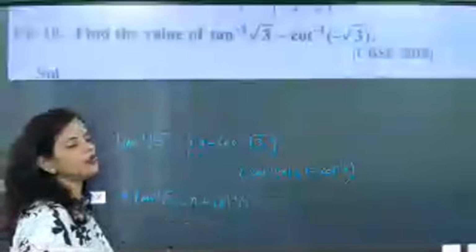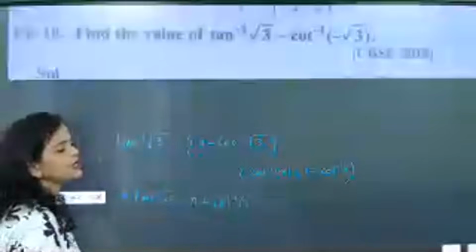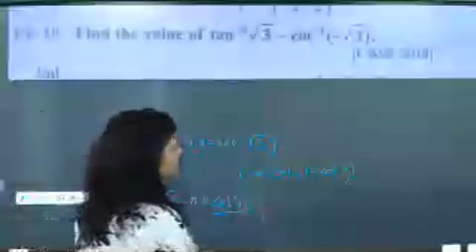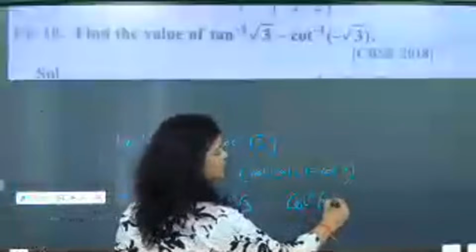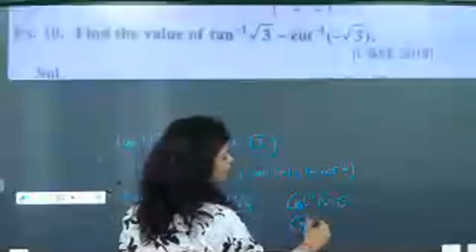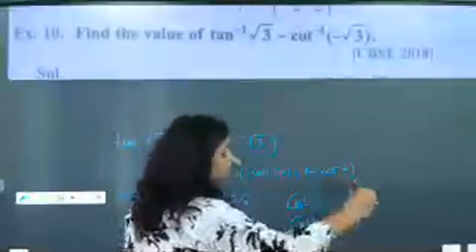Now we have one more formula, the tan and cot formula: cot inverse theta will be tan inverse 1 by. We can write cot inverse root 3 equal to theta. So it becomes cot theta equal to root 3.